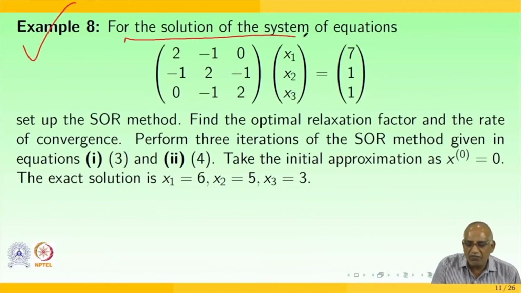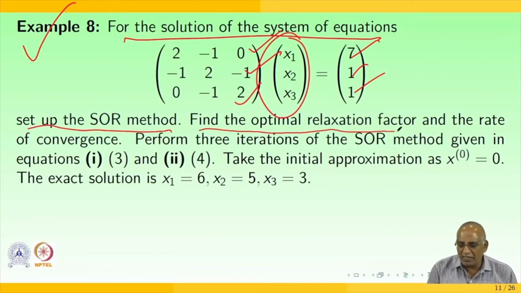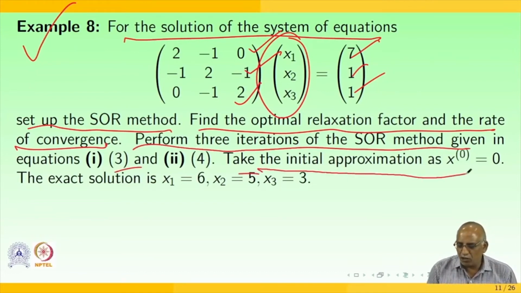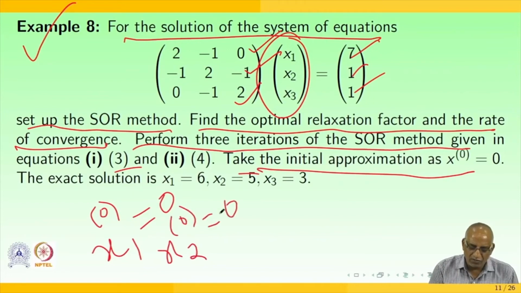For the solution of the system of equations, set up the SOR method, find the optimal relaxation factor and the rate of convergence. Perform 3 iterations of the SOR method for the above equations. Take the initial approximation as x of 0 as 0, that means x1 is 0, x2 is 0, x3 is also 0.